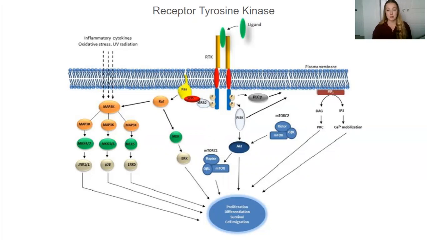Transphosphorylation of the tyrosine residues in the activation loop, juxtamembrane region, and C-terminal sequence are required for activation. Phosphorylated tyrosines become binding sites for signaling molecules, also known as ligands, which then bind to the phosphotyrosine residues.